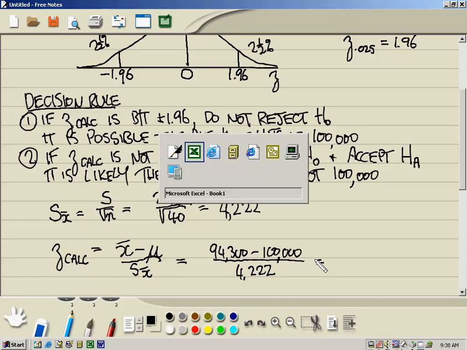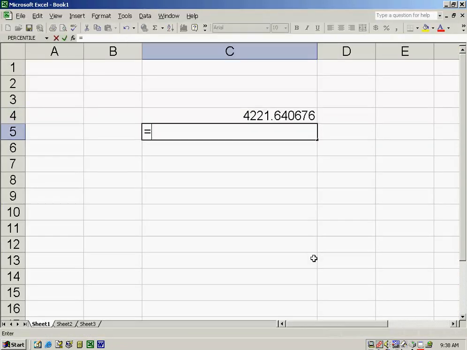Okay, let's go back to Excel and work that out. So 94,300 minus 100,000 divided by standard deviation, and that's a negative 1.350.